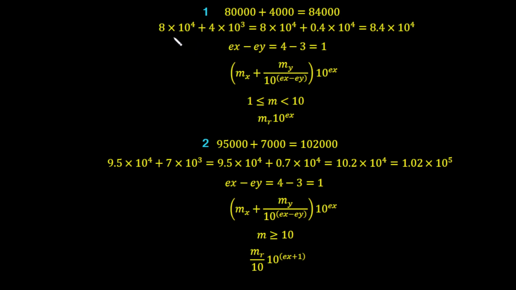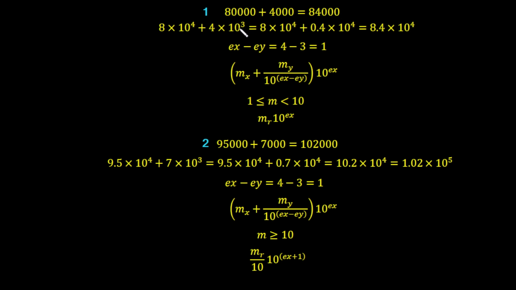But we can only add these numbers together if the exponent is the same value. So we're going to have to make this exponent number here the same as the exponent number here. So that is, we're going to have to change this 3 to a 4. So we've done this here, we've changed the 3 to a 4.